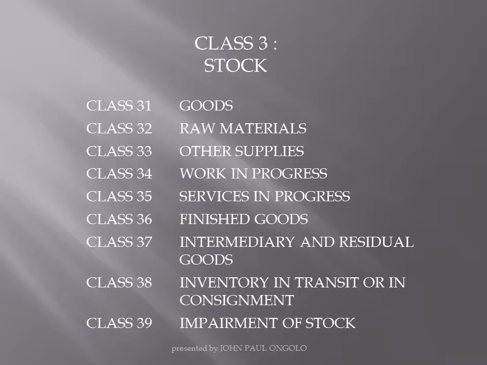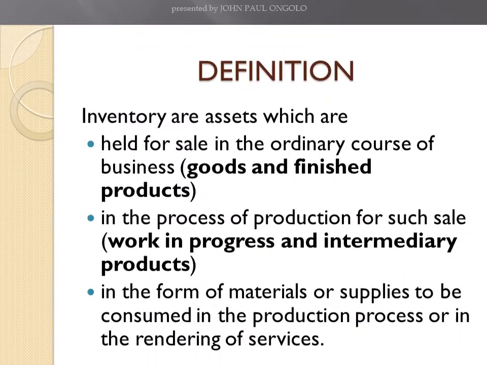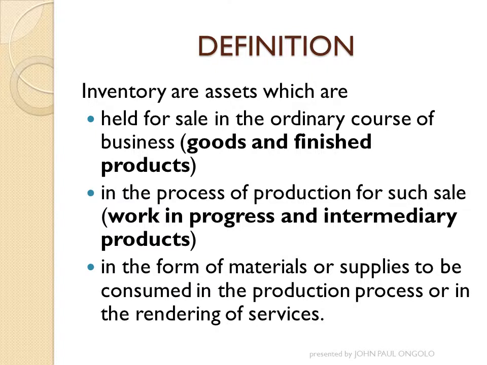So before we enter into the subject matter, let us look at some definition of terms. We are talking about class 3 stock of assets, inventory, and it's but normal that we have to define inventory in the first place.